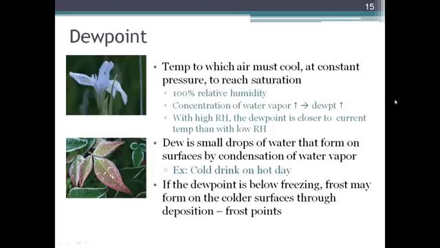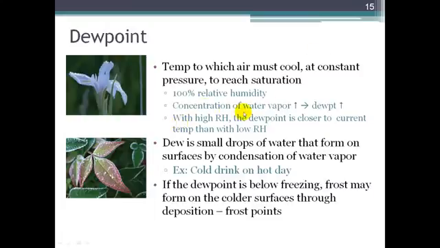So dew point, again, it's the temperature to which air must cool in order to reach saturation. So once saturation has occurred, you have 100% relative humidity. The air is as humid as it possibly can be. So at saturation point, water vapor begins to condense out of the atmosphere.